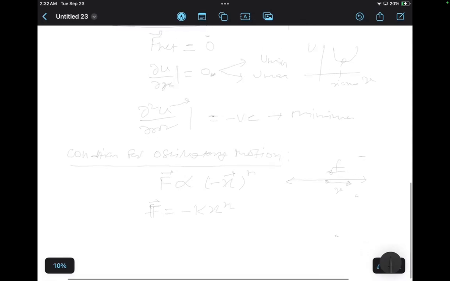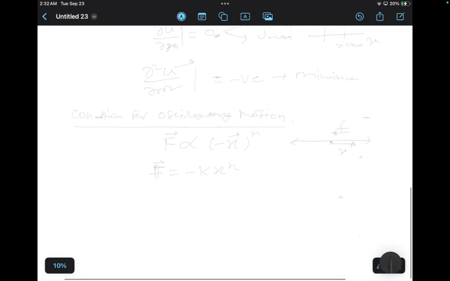But if you think about it, for n equal to 0, 2, 4, 6, that is, for even integers, we are not going to get oscillatory motion.